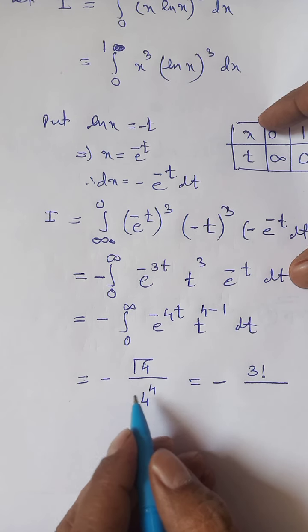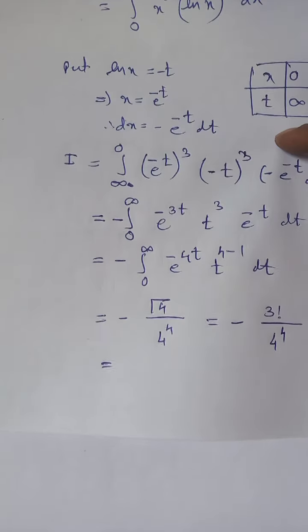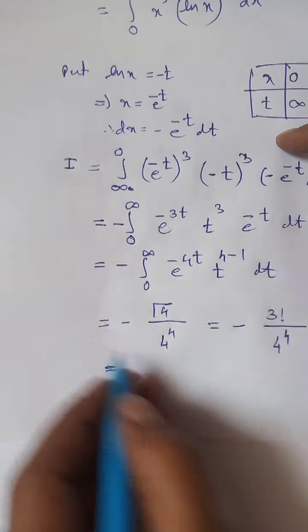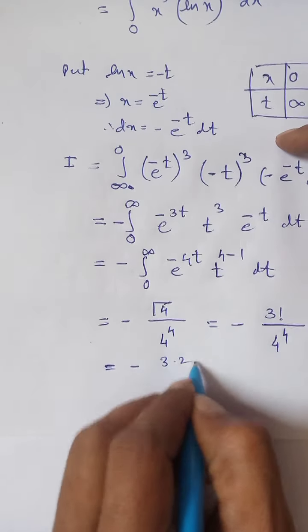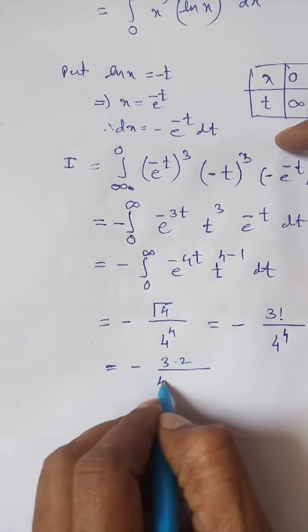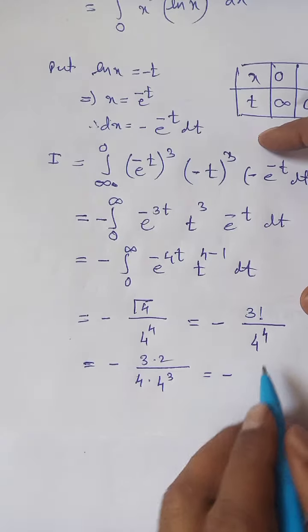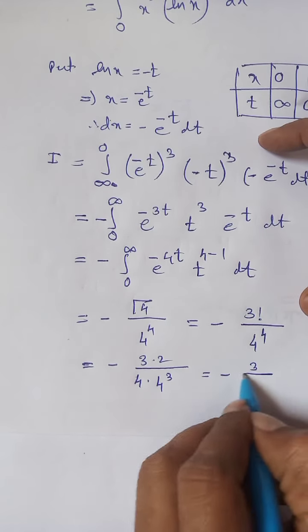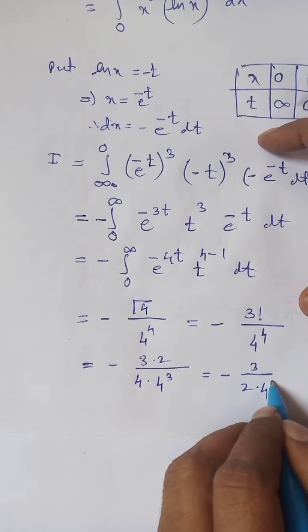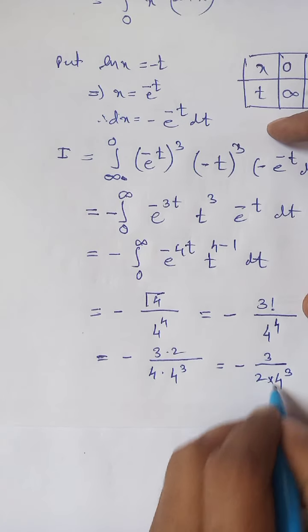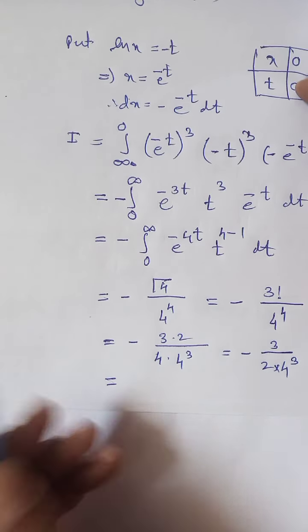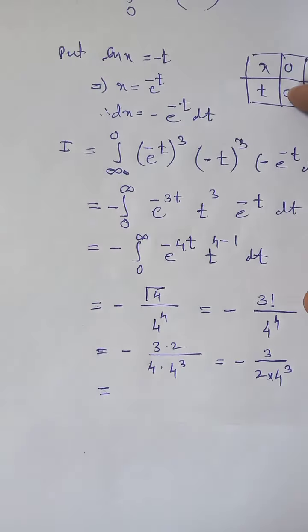Now you can evaluate this 4 to the power 4. So 3 factorial is 3 into 2. So this is 4 into 4 cube. So we'll have minus 3 by 2 into 4 cube. So we get the final value.